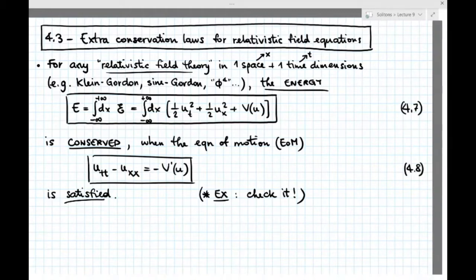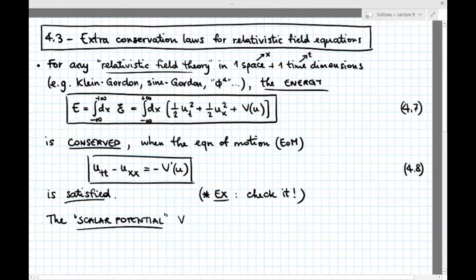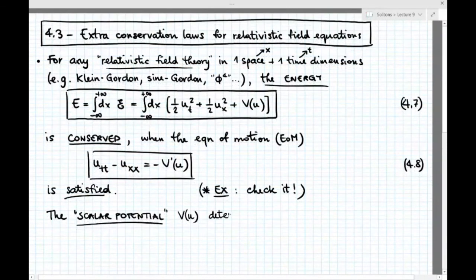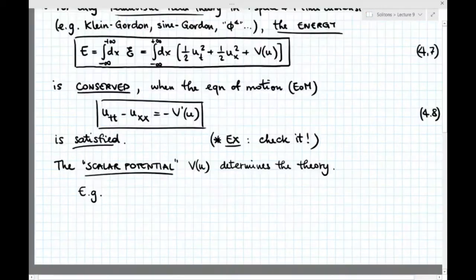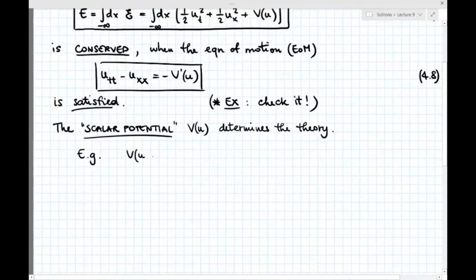So we see here that the theory is specified by this function V of u, which is called the scalar potential. For example, the scalar potential is 1 minus cosine of u for sine-Gordon.